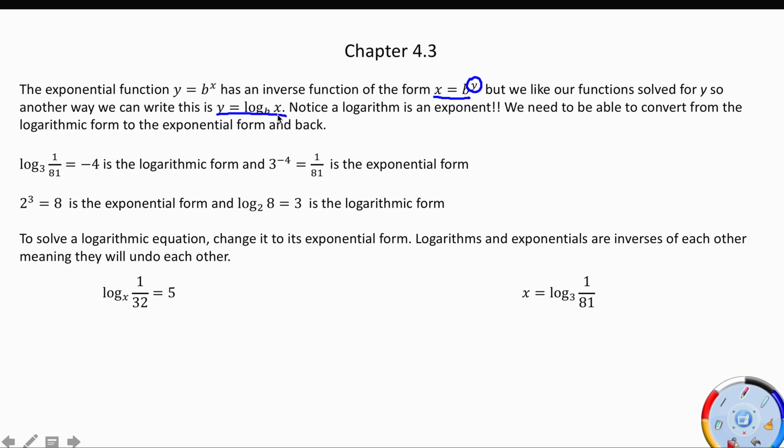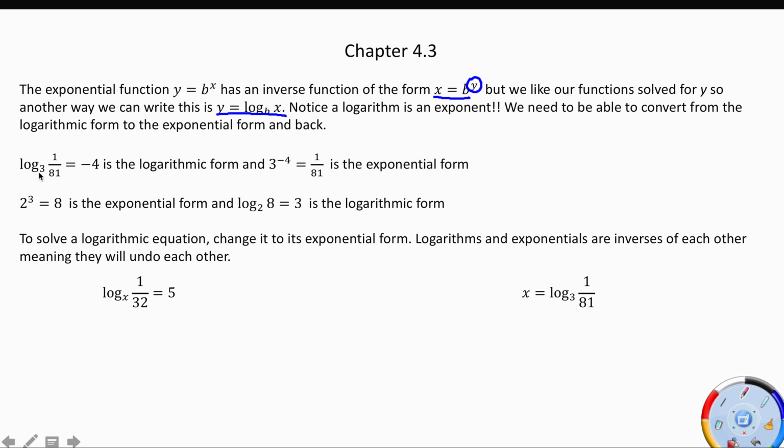So the first thing we need to do is to be able to just convert back and forth between these two forms. So let's try it right here. Log with base 3 of 1 over 81 equals -4. The exponent that you put on 3 to get 1 over 81 is -4.